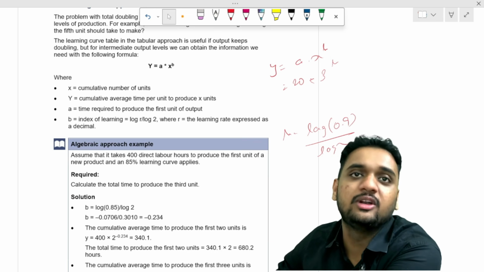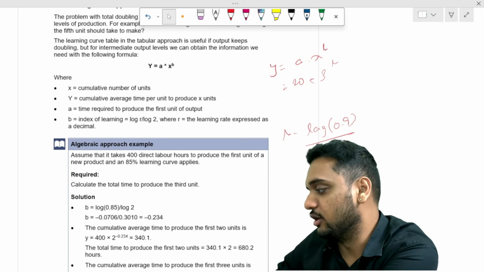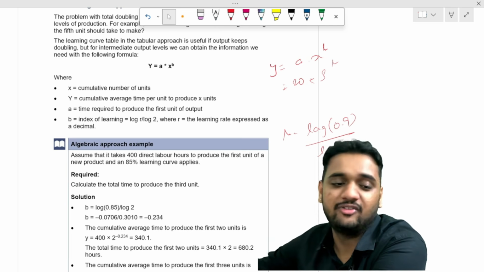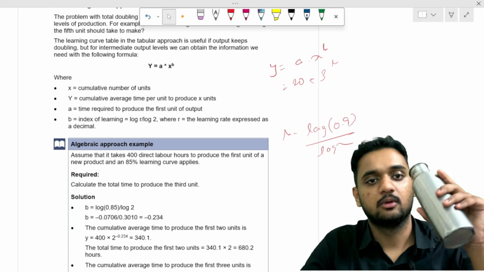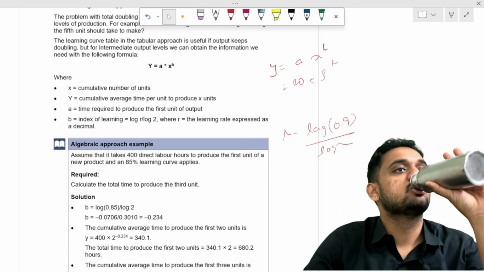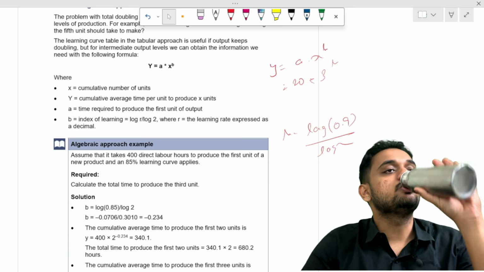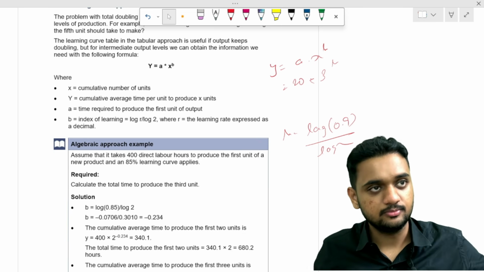B, you tell me the formula, I will tell you the answer. Log 0.85 divided by log 2. The answer is minus 0.234. B is equal to minus 0.234. What is the cumulative average time per unit for 3 units? So what is the answer?